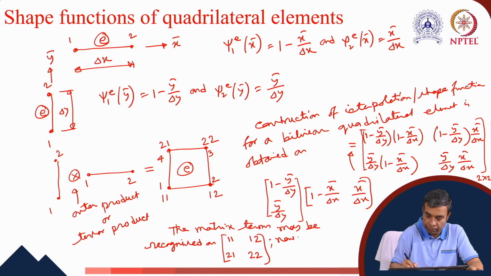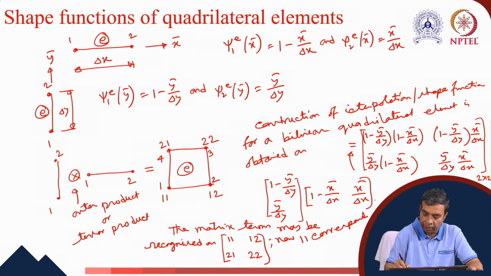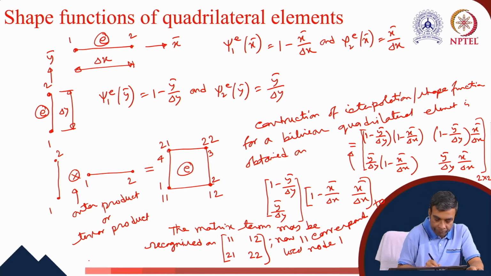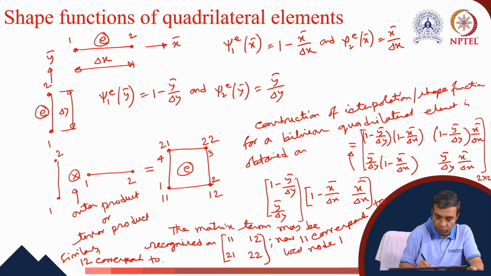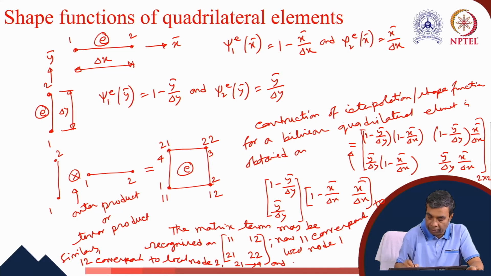Now 1 1 corresponds to local node 1. Similarly 1 2 corresponds to local node 2. So 2 1 corresponds to local node 4 and 2 2 corresponds to local node 3.